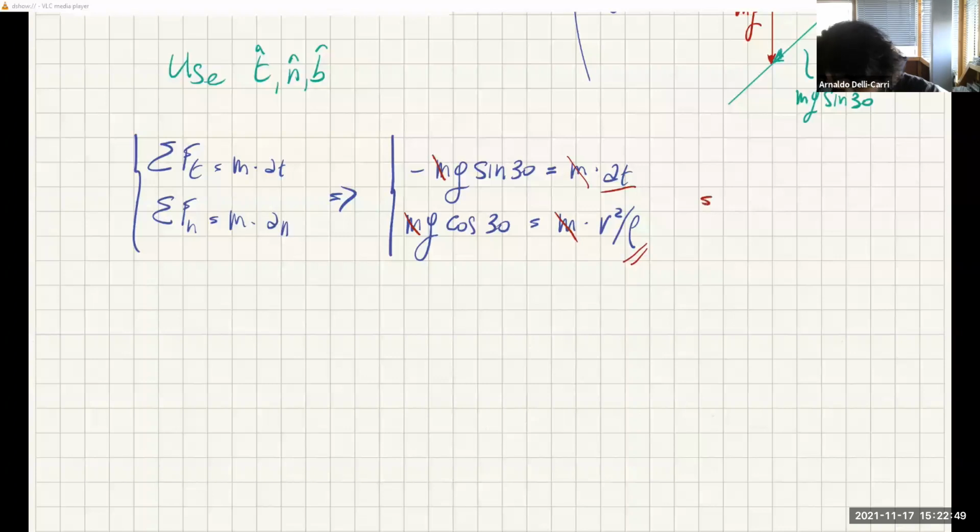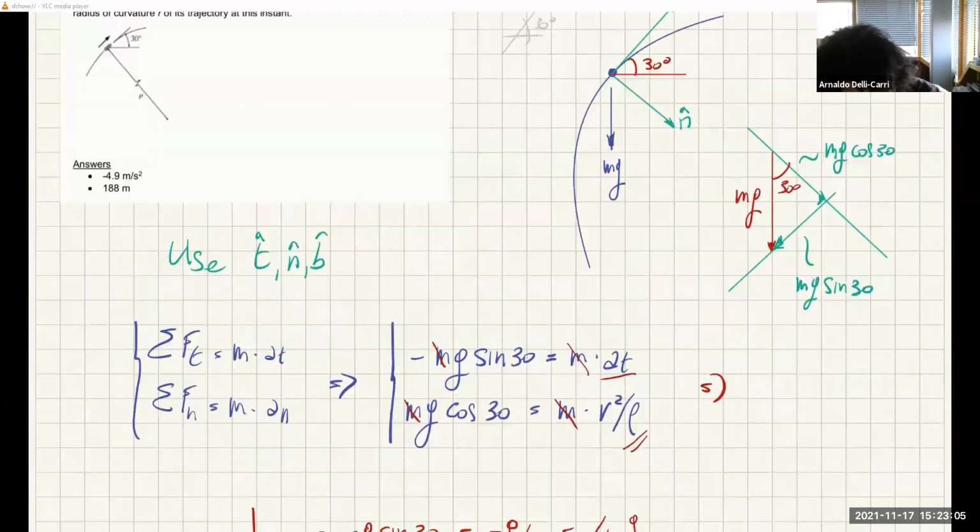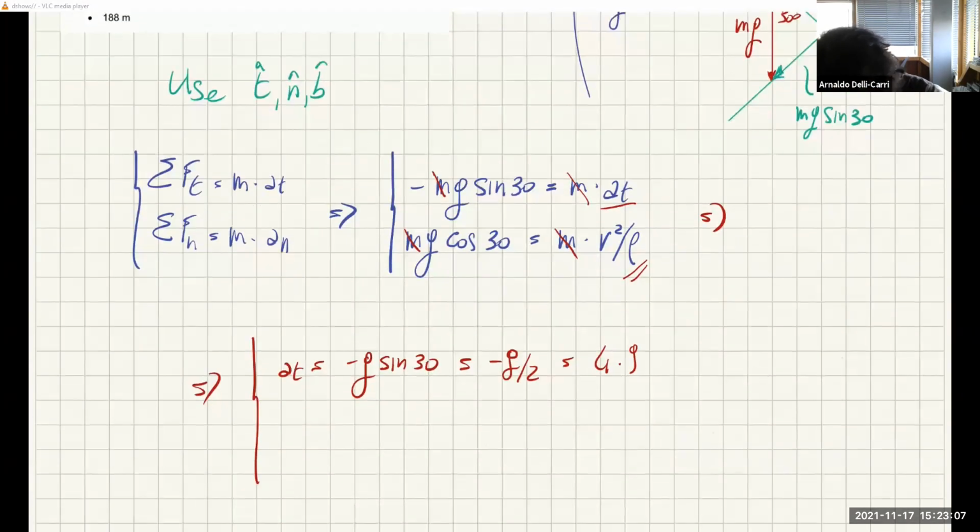So I can finally say that a_t is just minus g sine 30, which is half of g, which is equal to minus g divided by 2, which is minus 4.9 meters per second squared.